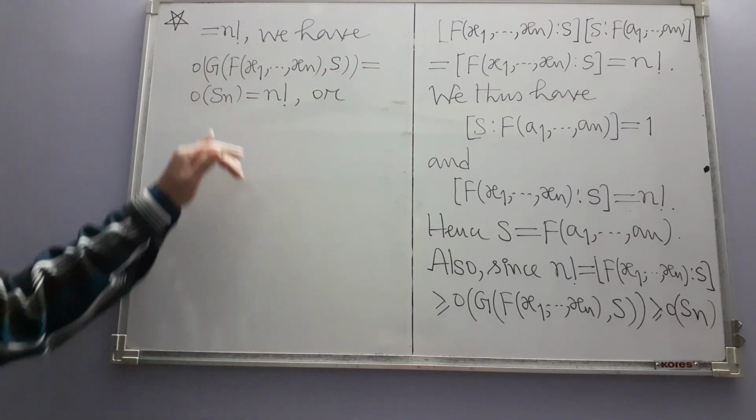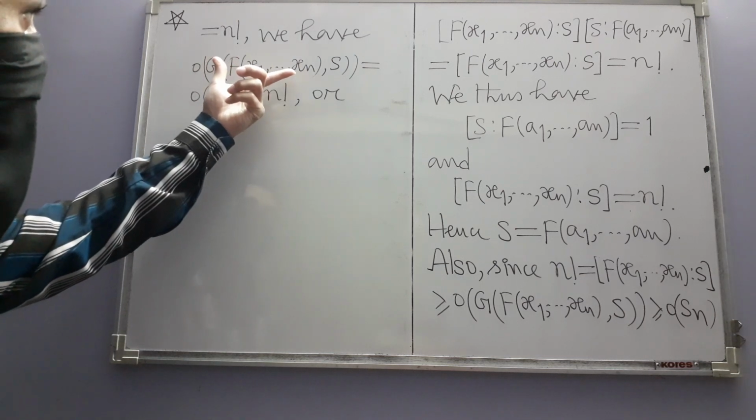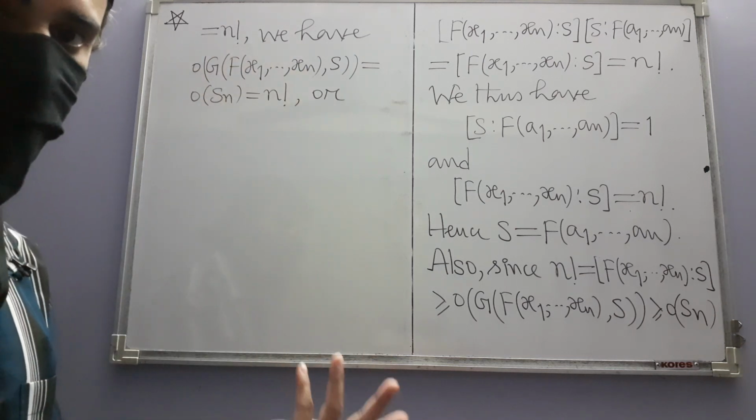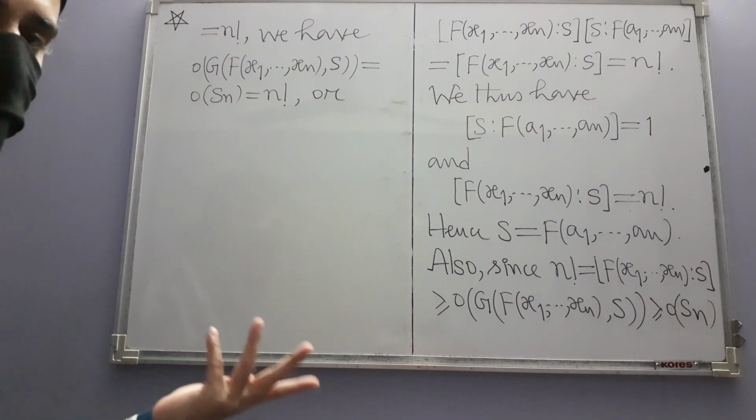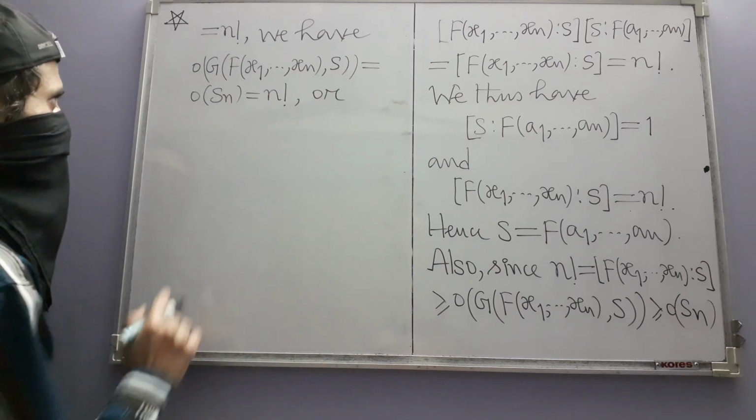But we already have seen that Sn is a subgroup of this and they have the same order, both are finite groups. So that's why they are the same thing, they are equal.